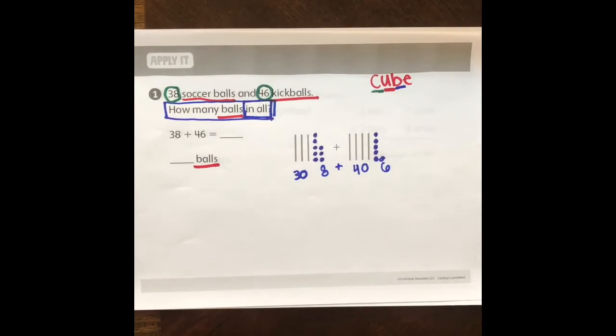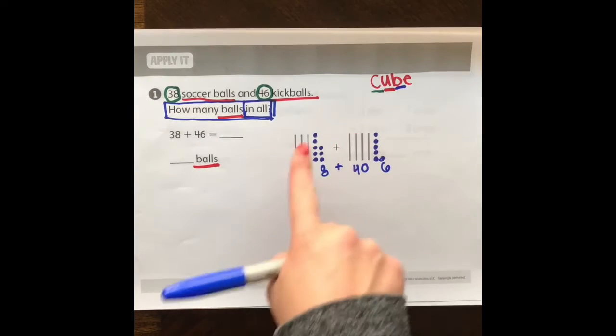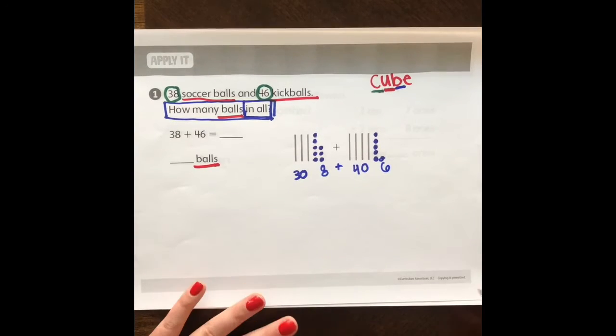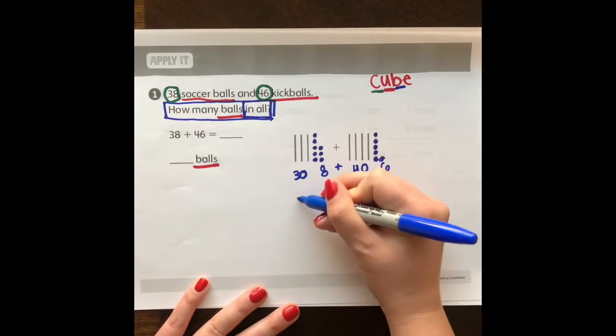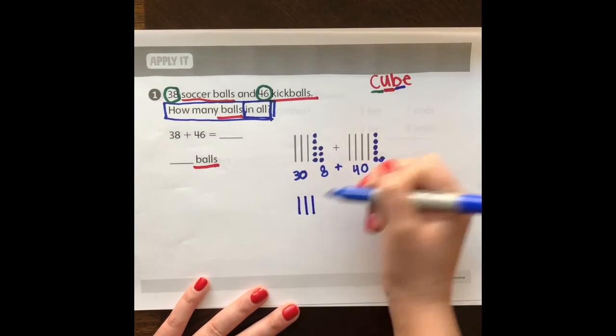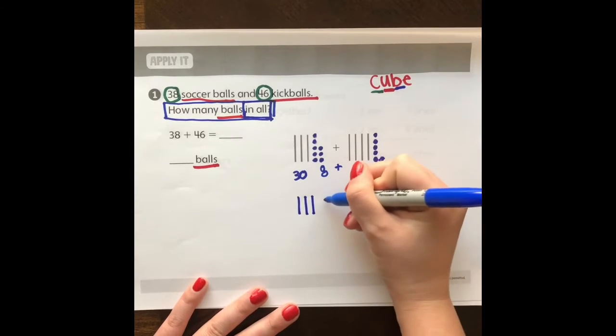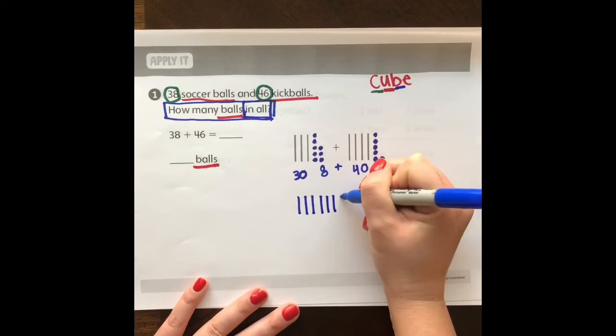So to show our work, we can draw some 10 rods and our ones and combine these together to figure out our answer and count by tens and see if we can combine any of our ones to make an extra 10. So let's try that now. We have 3 tens here, 10, 20, 30, 4 tens here, 10, 20, 30, 40.